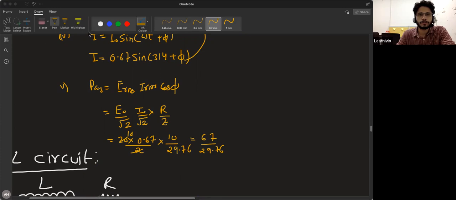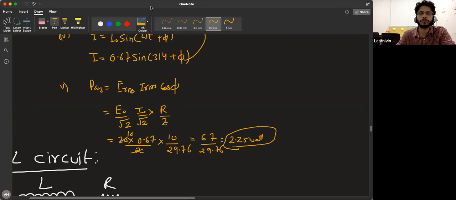So 67 by 29.76 is around 2.25 watt. This is the unit of average power.